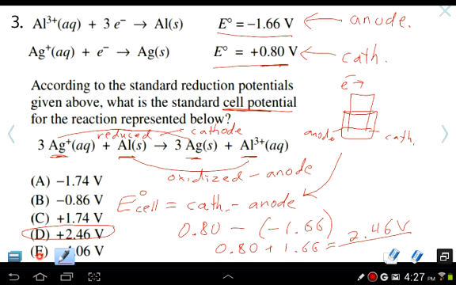And so the path of the electrons can be thought of as final minus initial, cathode minus anode, and that's the way to remember this equation. But if you want to know the voltage, remember these electrochemical reactions, the first thing they give us is this voltage, and that's essentially a measure of the difference between the two half cells' desire for electrons.